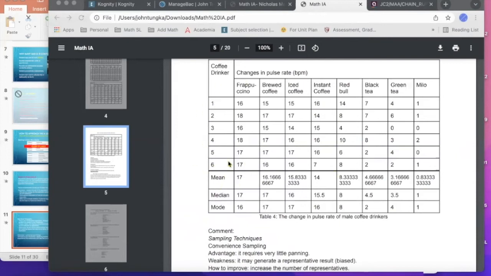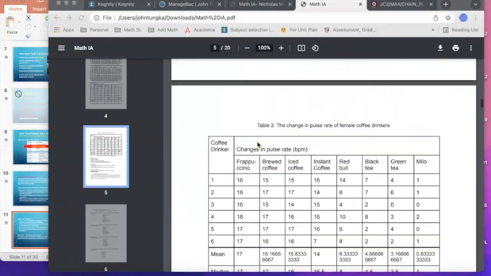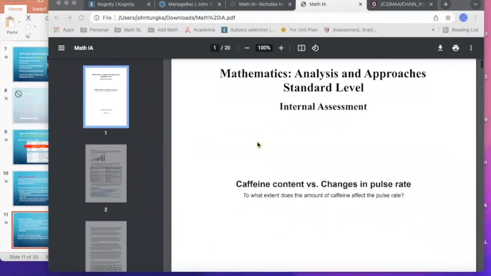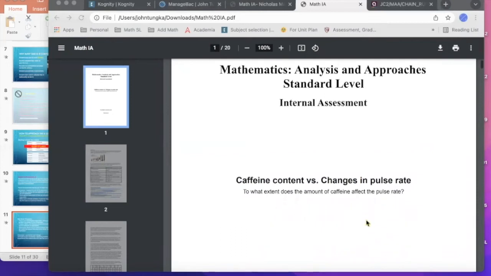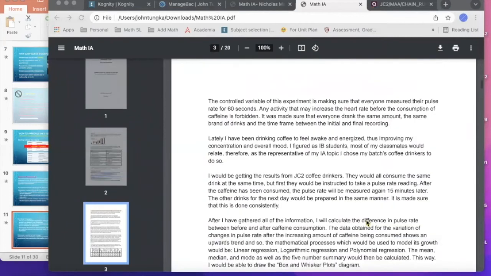Often it is difficult to gather more data. But this is a sample, right? And you are focusing on students, is it? Yes. JC1, JC2 students. JC2 in particular, is that correct? Yes, that's what you put here.